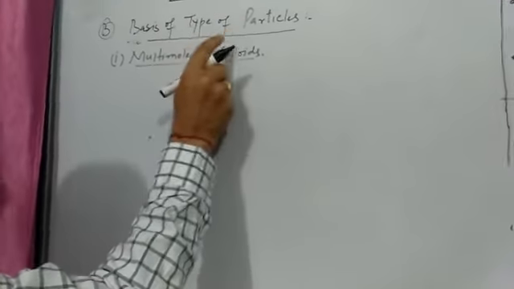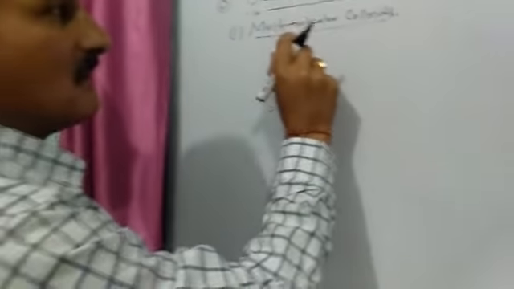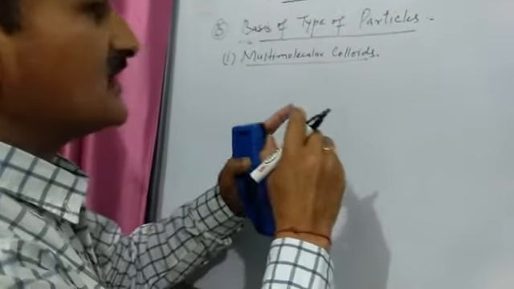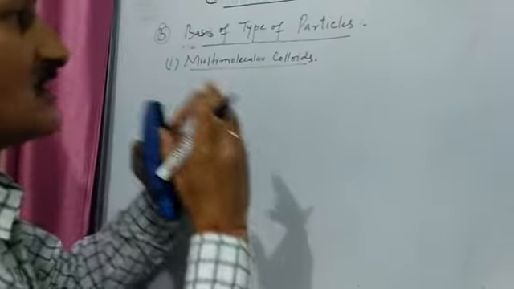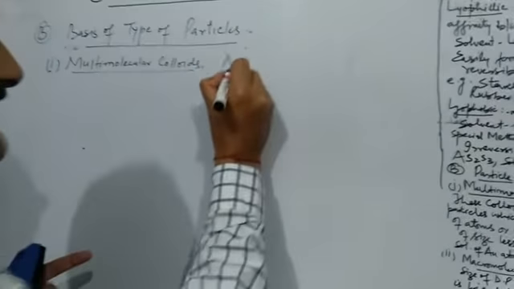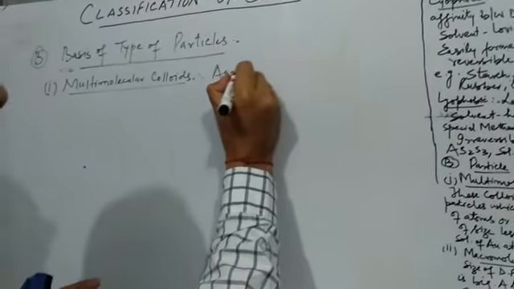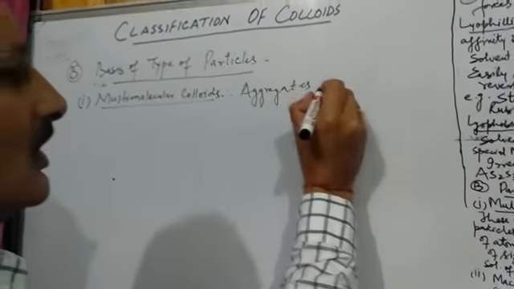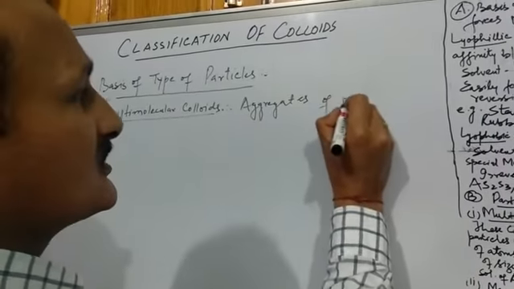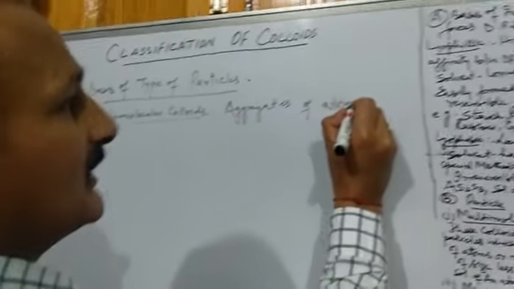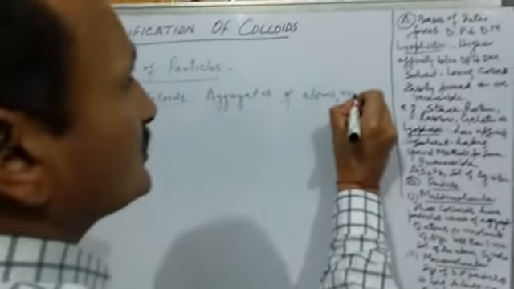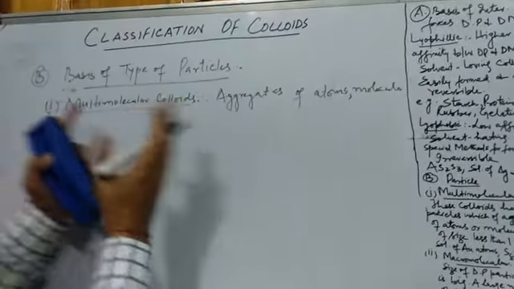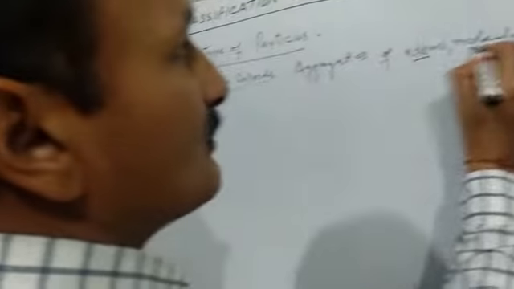On the basis of type of particle, multi-molecular colloids are those colloids which are basically aggregates of atoms and molecules.